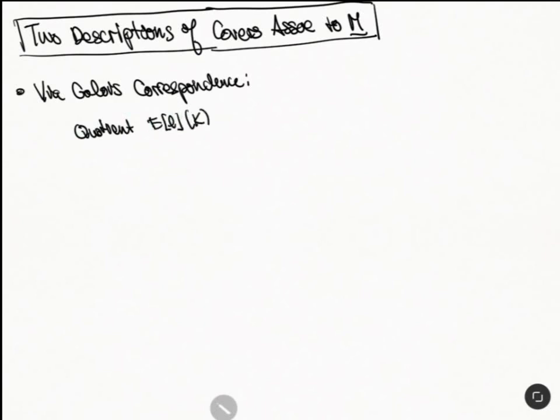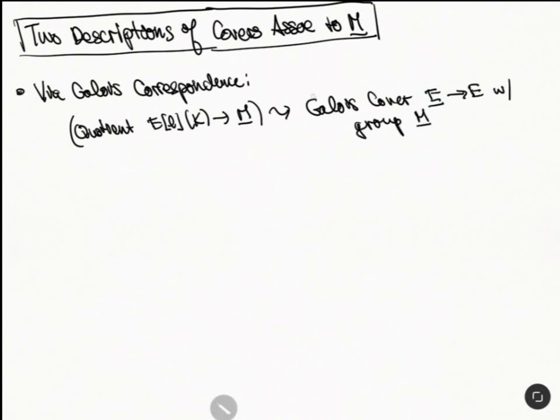I'll state it in terms of K, but for M underline, this quotient defines a Galois cover, E underline, with group naturally isomorphic to M underline.